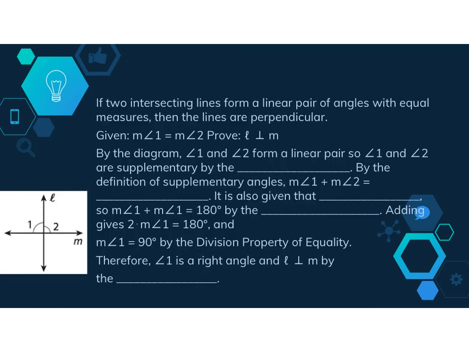Next, if 2 intersecting lines form a linear pair of angles with equal measure, then the lines are perpendicular. So given measure of angle 1 is equal to measure of angle 2, we want to prove that L is perpendicular to M. So by the diagram, 1 and 2 form a linear pair, so 1 and 2 are supplementary by the linear pair theorem.